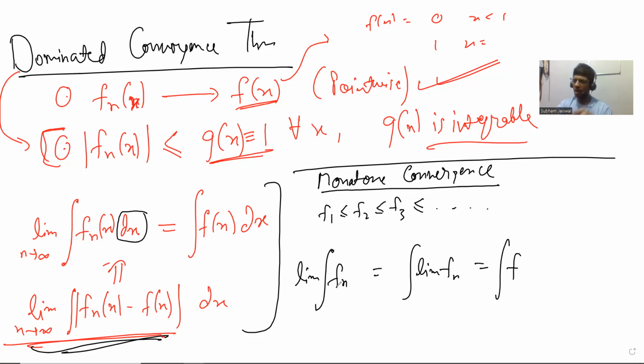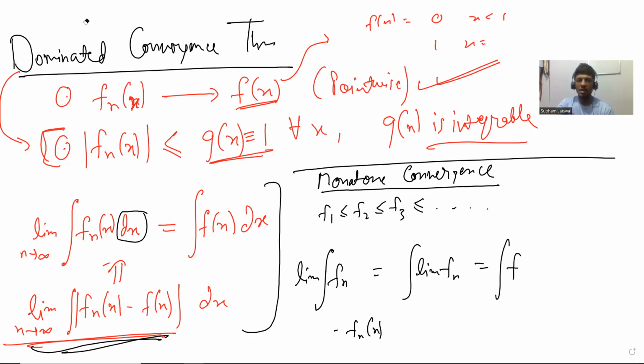But you can apply it to our function also. Our function was f_n(x), and you can just consider the function 1 minus f_n(x), then that becomes an increasing sequence of functions. For every x it is increasing, because you're taking the minus. Actually I don't need to take the 1.